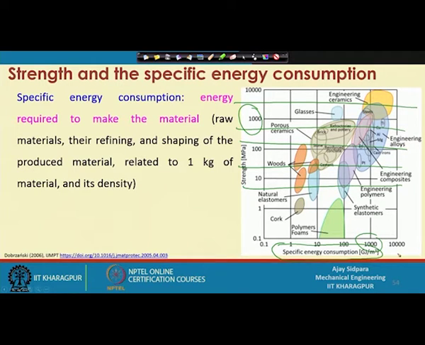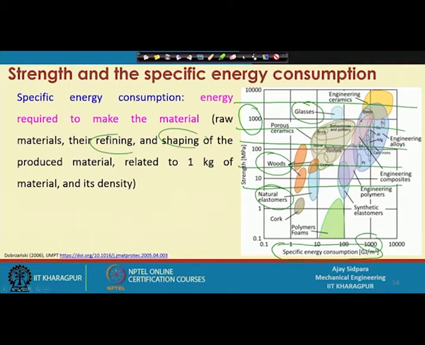So, initially your cost will be very high, because refining and shaping are not as easy as processing woods and the different types of elastomer in this particular range. Glasses are very difficult materials to cut, because you have to use special tooling for that. If the strength is very high, then cutting forces are very high. Even for melting of this particular material, you have to go to high temperature, then only you can do casting and other processing.